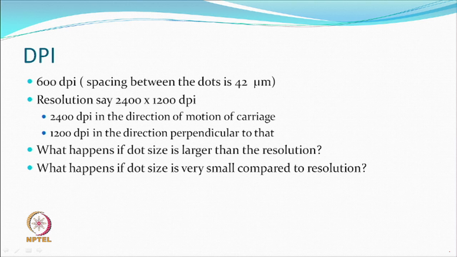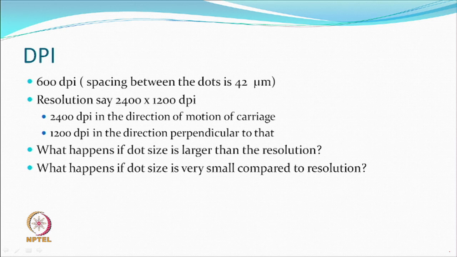Center to center I am saying because the drop size may be large, then the gap between the circumferences will be less, but this is how you can think of it. Resolution is sometimes also expressed in two directions, like for example 2400 into 1200 dpi.